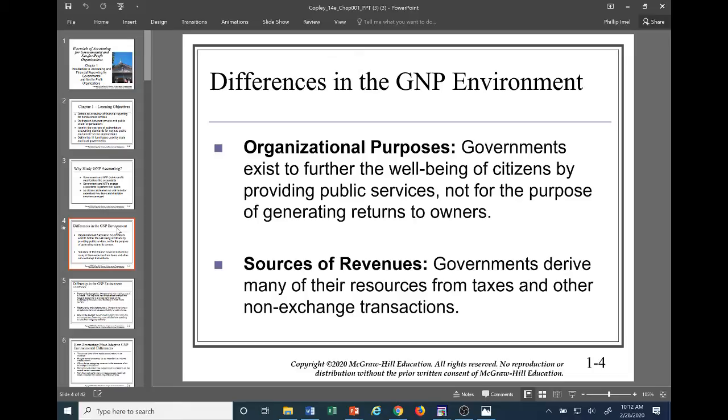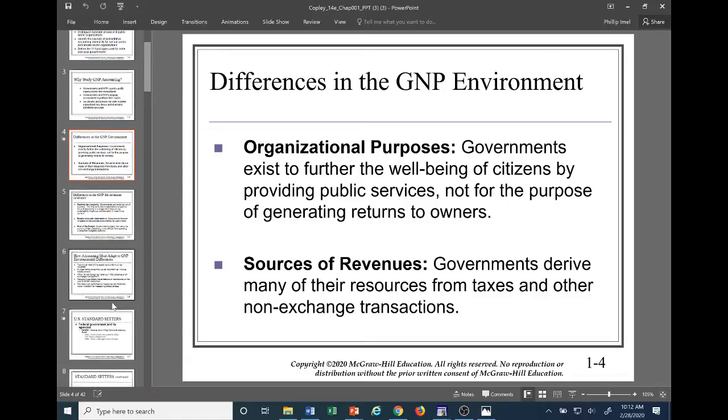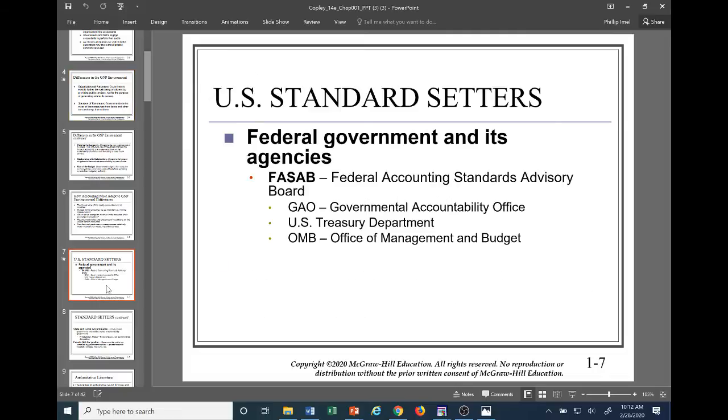We know that the going concern of a government is a lot greater than it is for a for-profit business, because it's backed by the taxing authority of the government. So that's a good thing. The going concern is different. Once again, FASAB, if we remember this, is like the agency above the GASB and FASB.